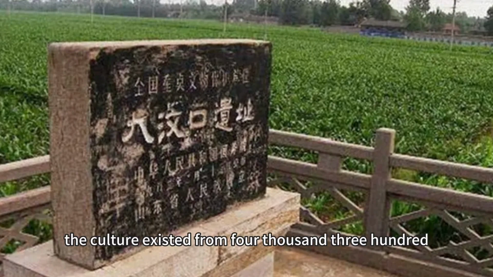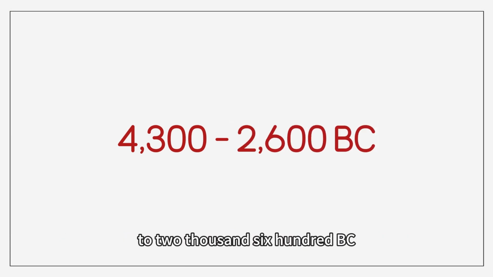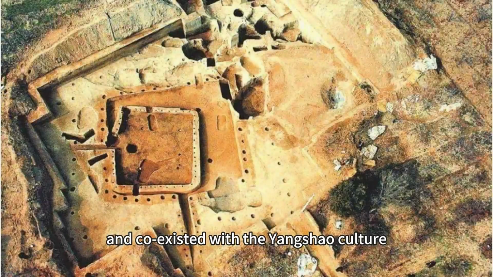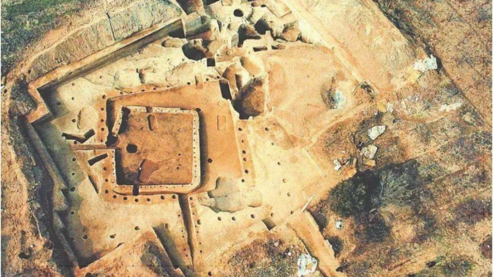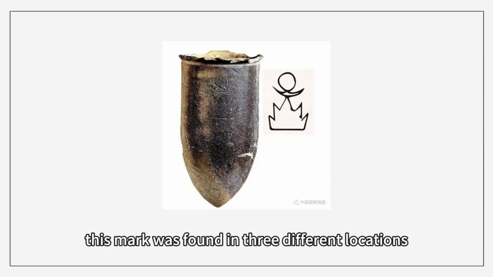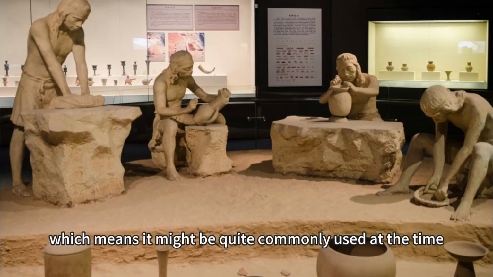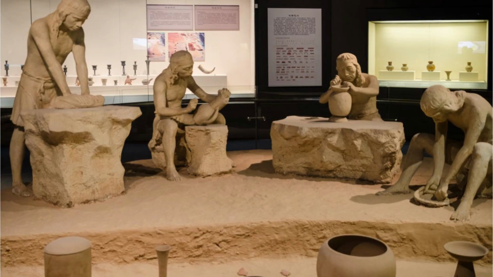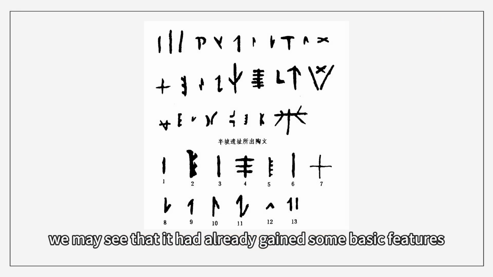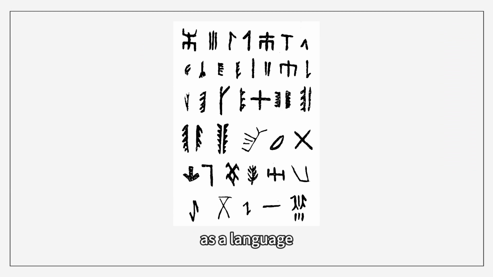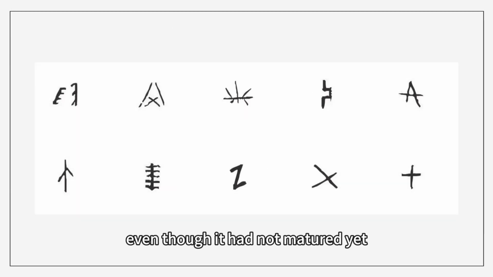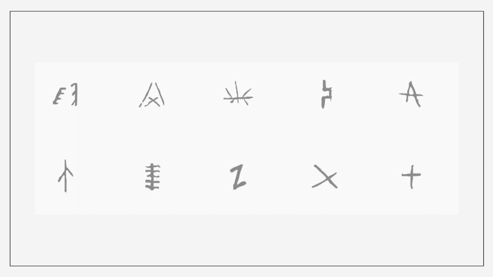The culture existed from 4,300 to 2,600 BC and coexisted with the Yangshao culture. This mark was found in 3 different locations, which means it might be quite commonly used at the time. And as a commonly used mark, we may see that it had already gained some basic features as a language, even though it had not matured yet.